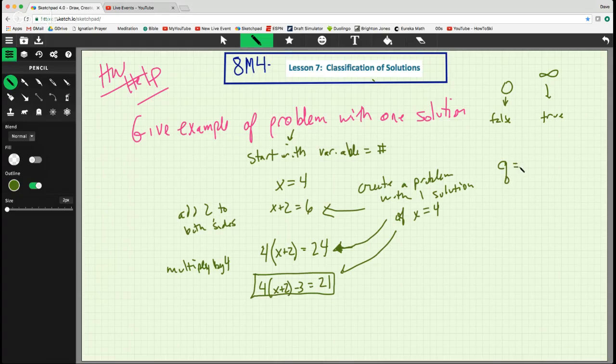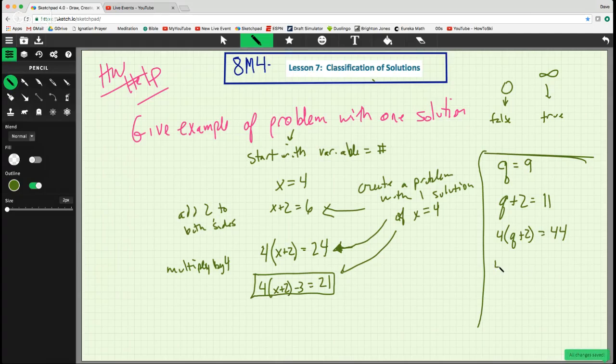Q equals 9. I encourage you to do the same thing. We can add 2 to both sides, multiply both sides by 4, and subtract 3. And we can create a problem where the answer is Q equals 9. Q plus 2 equals 11. Multiply both sides by 4. 4 times Q plus 2 equals 44.